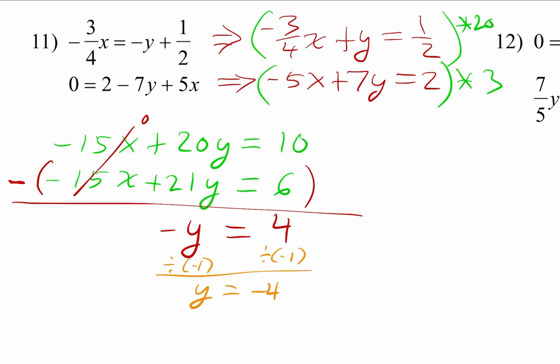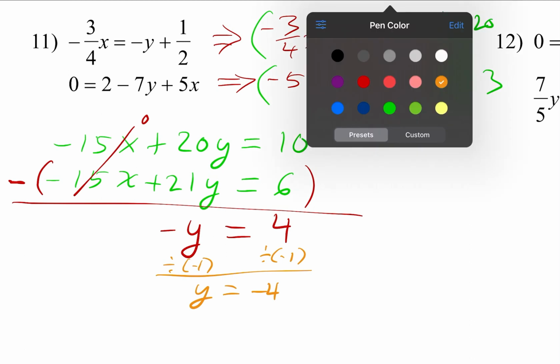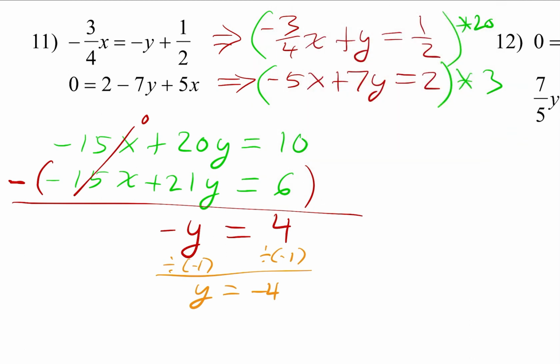From that point, I just have to plug it in to solve for x. So I'll choose the bottom equation, since there's no fractions. I know a lot of you don't love that. So 0 equals 2 minus 7 times the value we just found of negative 4 plus 5 times x.